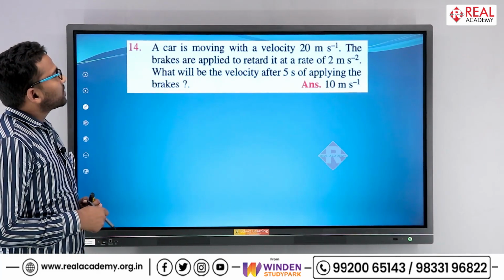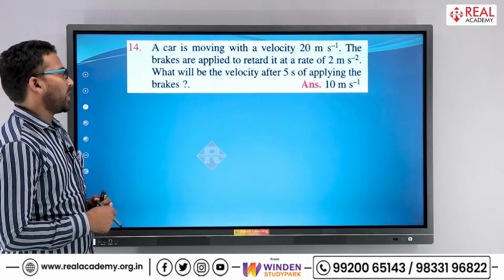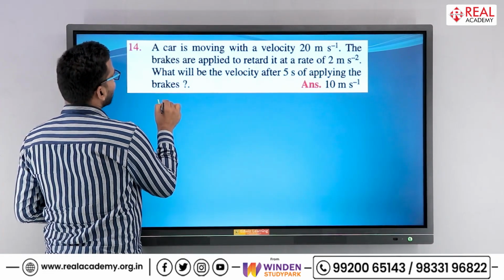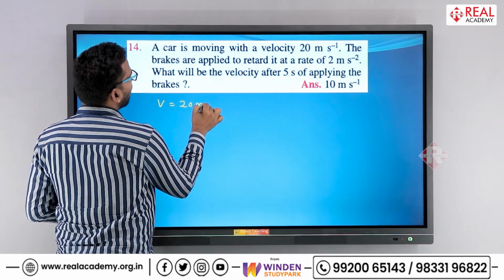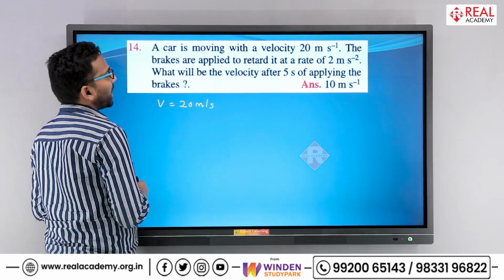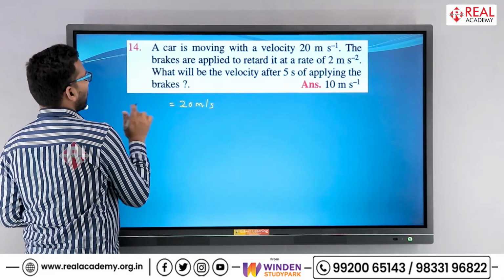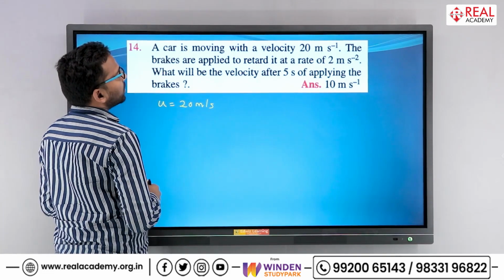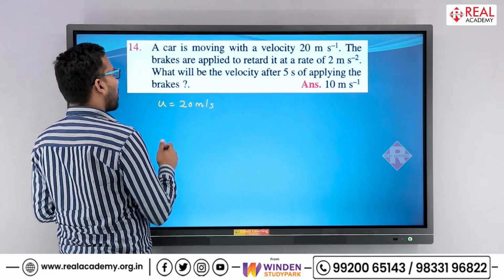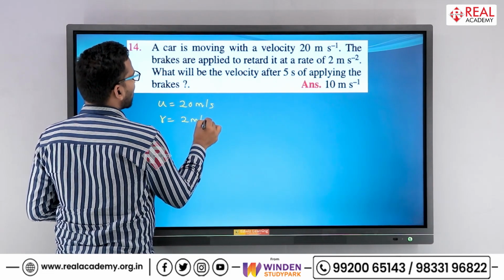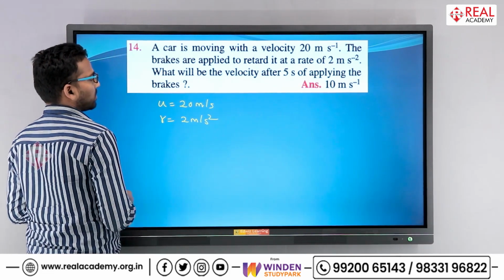A car is moving with a velocity 20 meter per second. Chalo. Data: moving with a velocity 20 meter per second. The brakes are applied. That means this is the initial velocity. The brakes are applied to retard it at a rate of 2 meter per second square.